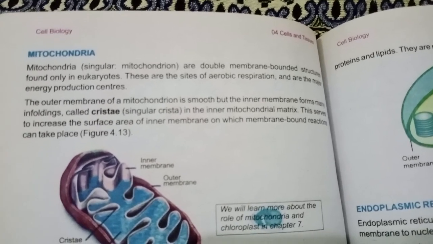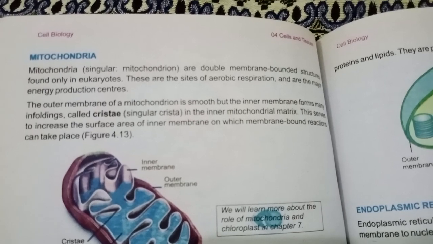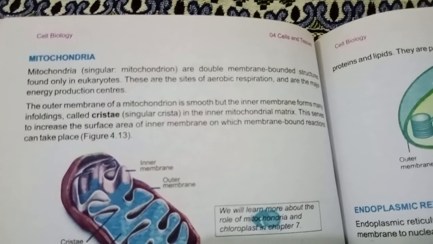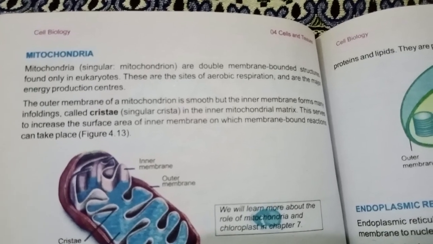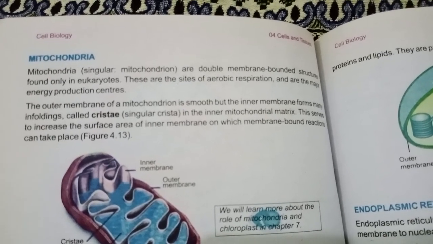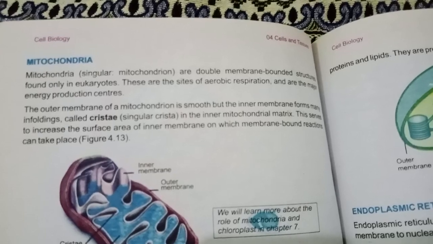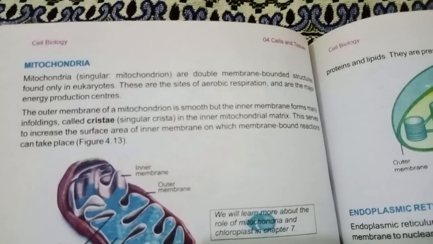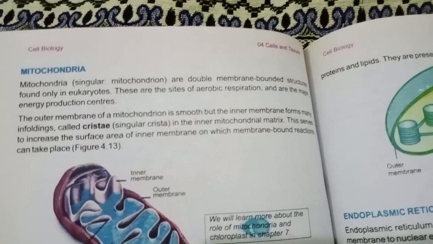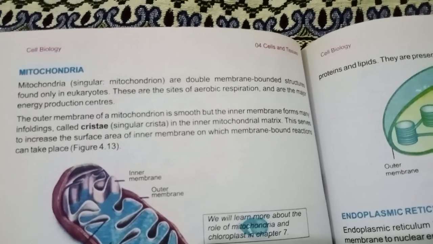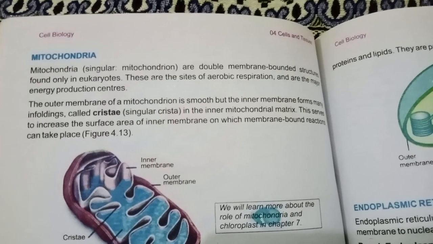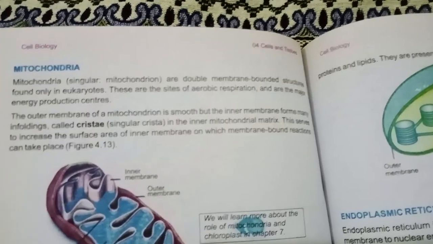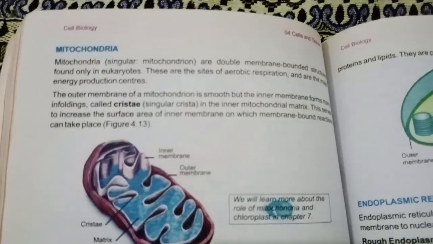The outer membrane of the mitochondria is smooth, but the inner membrane forms enfoldings called cristae. The singular is called crista. In the inner mitochondrial matrix, there are several structures to increase the surface area of the inner membrane, on which membrane-bound reactions can take place.